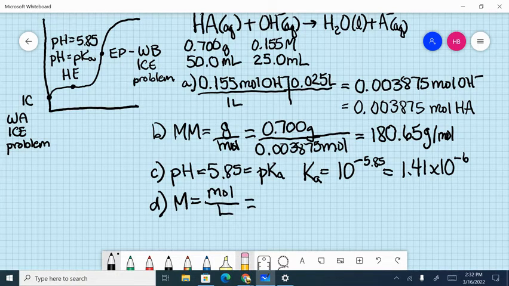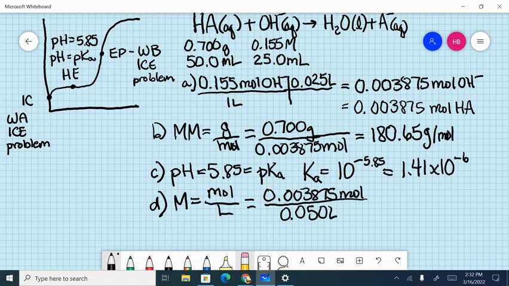We calculated the number of moles of HA: 0.003875. And that was in 50 milliliters of solution. So the original concentration of this is 0.0775 molar.